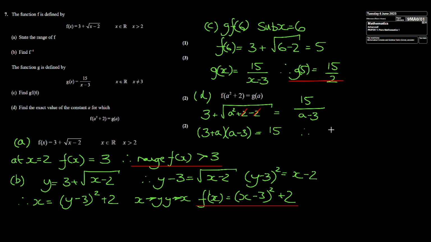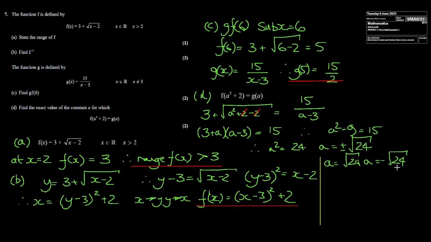So therefore I can say that a squared minus 9 is equal to 15. So therefore a squared is equal to 24, and a is equal to plus or minus the square root of 24. So these are our two possible answers. A is root 24 or negative root 24. But if we look up here, we know that x must be greater than 2.